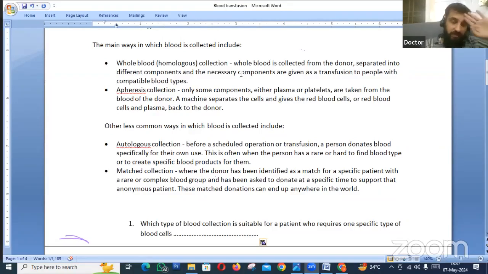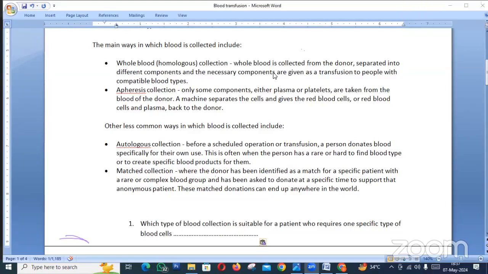Some patients can get only white blood cells, and some can get white blood cells, platelets, and red blood cells. These three things, and plasma separately. So plasma is not a type of cell. Platelets is a type of cell.